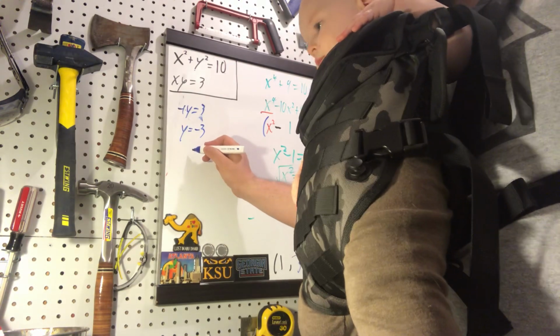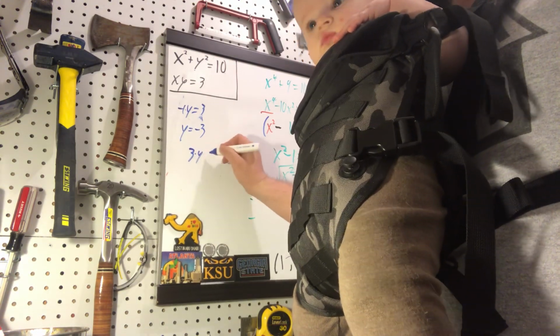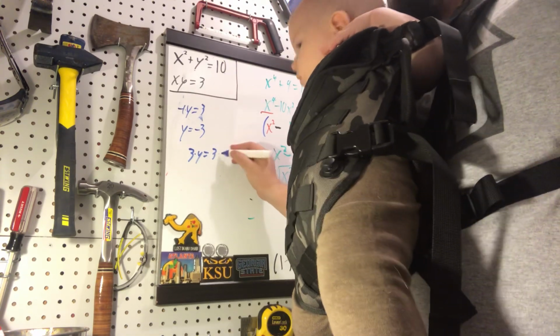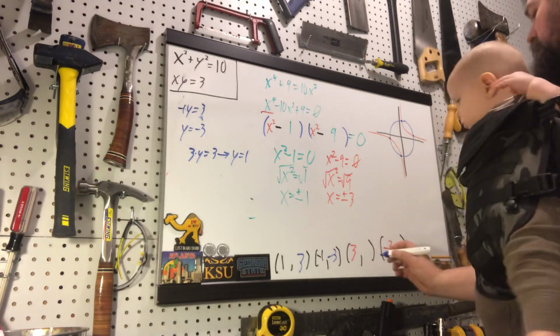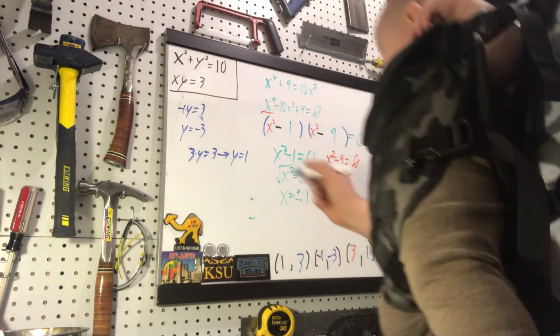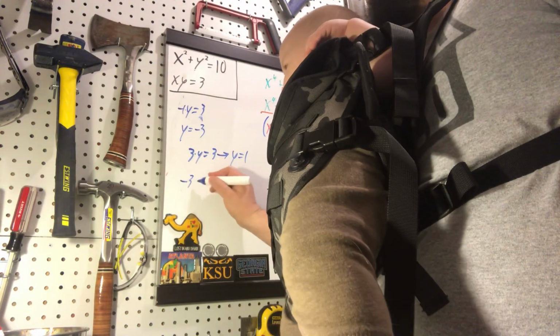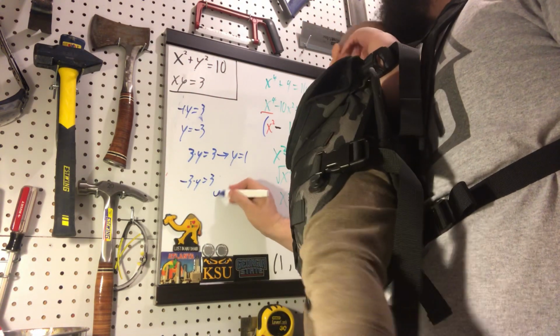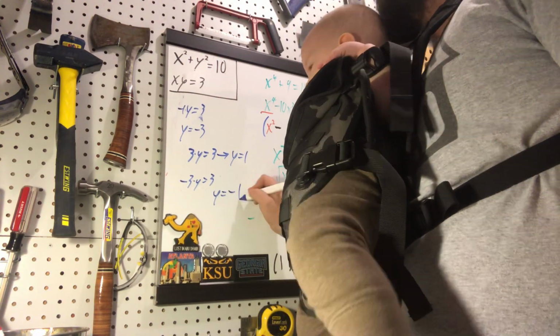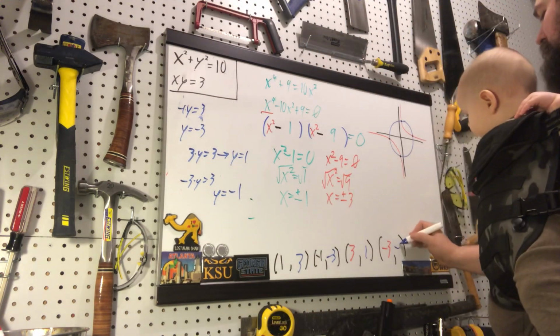So we have 3 times y is equal to 3, or y is equal to a positive 1. Next up is our negative 3 times y is equal to 3, and that means that y is equal to negative 1. And here we are, negative 1.